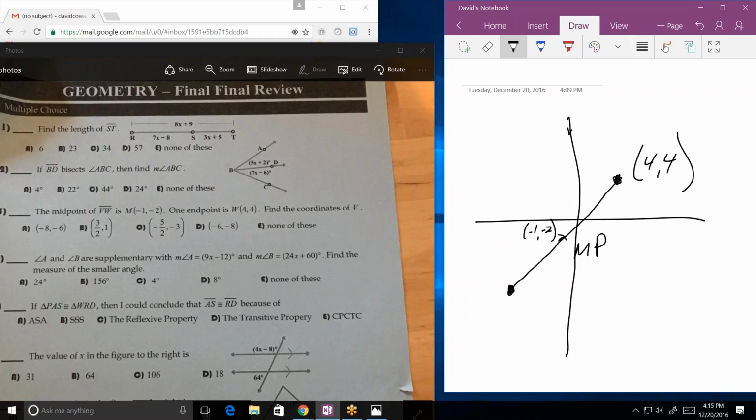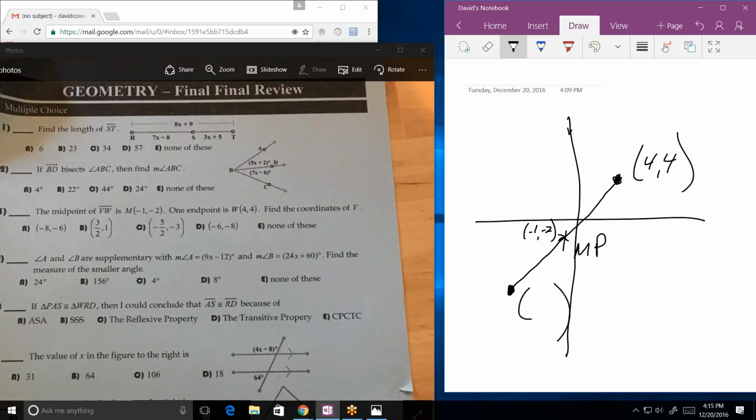Yeah. Now, what we know about midpoints is that the x-coordinate is halfway in between the 2 x-coordinates and the y-coordinate is halfway in between the 2 y-coordinates, correct? Yeah.